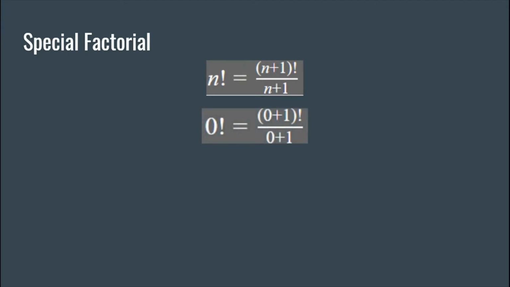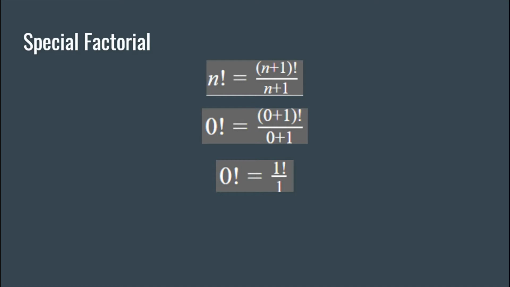Alright, now starting with this again, let's say n was 0, so I substitute in 0 for n, I get this, right? So simplify the right side of the equation, I get 1 factorial over 1, which would simplify to 1.